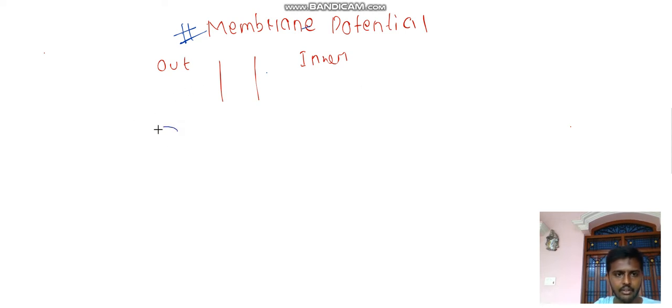So if we take one voltmeter and one wire, and we attach one end to the outer side of the cell membrane and the other end to the inner side, we are going to see one reading or deflection in the voltmeter, and this is the potential difference which is generated on either side of the cell membrane due to the difference in the charges of the ions.